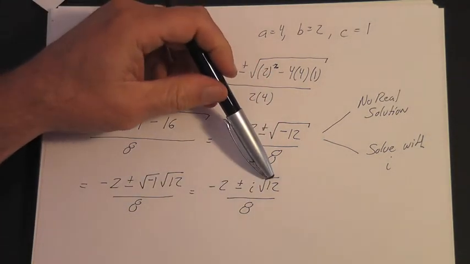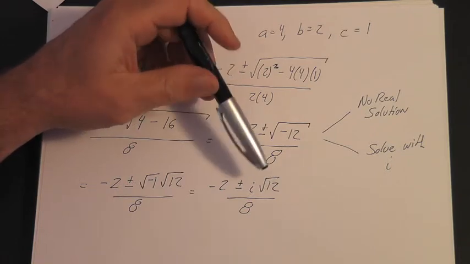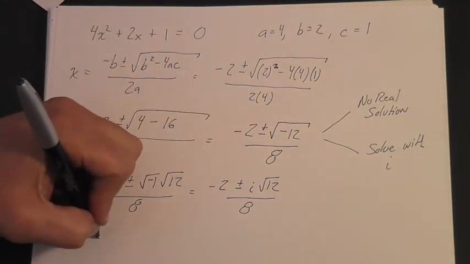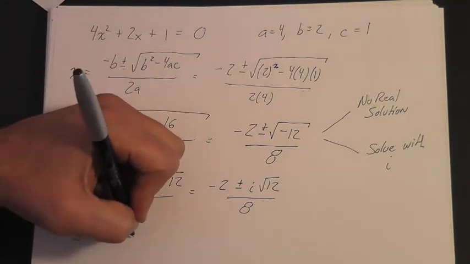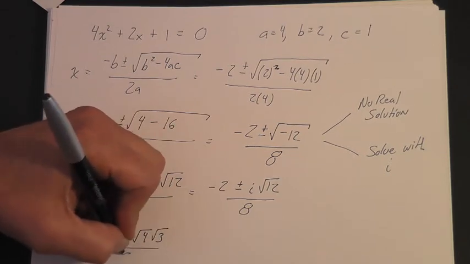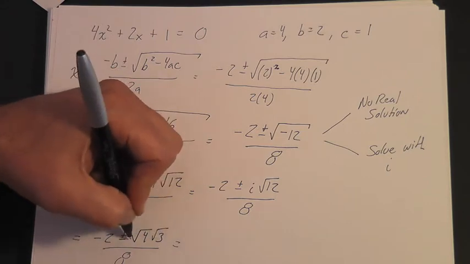Now let's simplify 12. What perfect square goes into 12? That would be 4 and 3. So that's minus 2 plus or minus square root of 4, square root of 3 over 8 with an i.